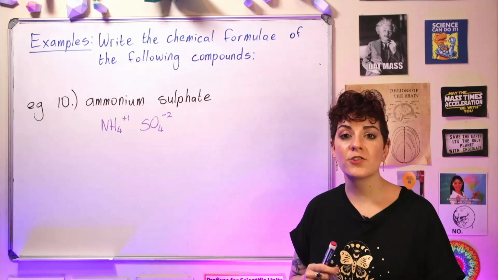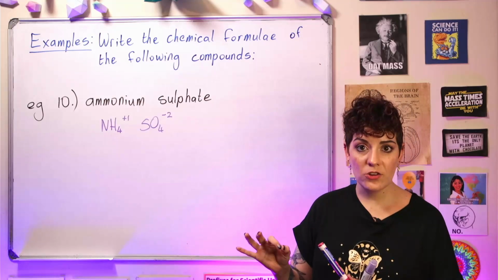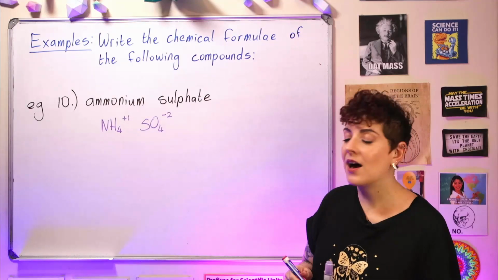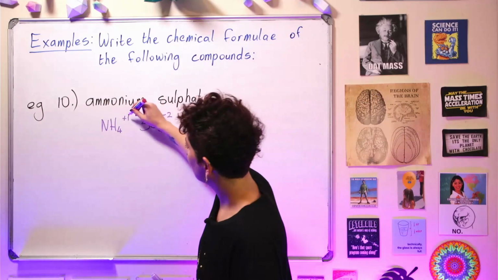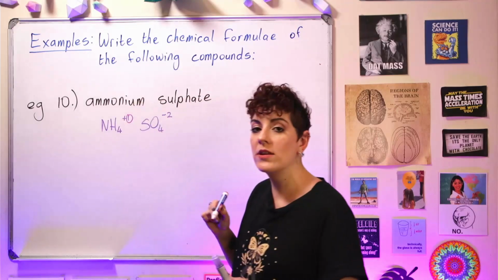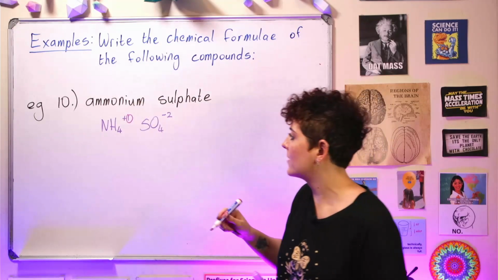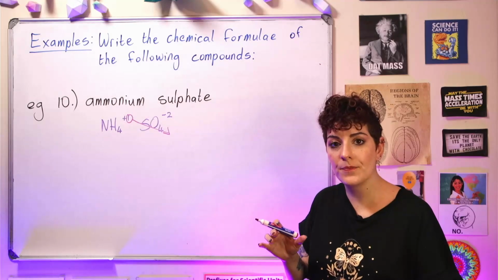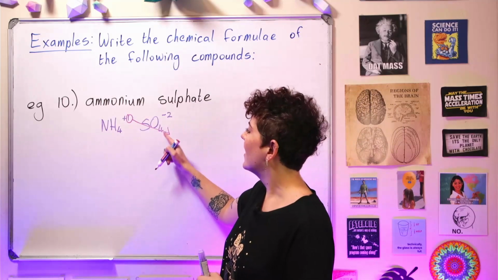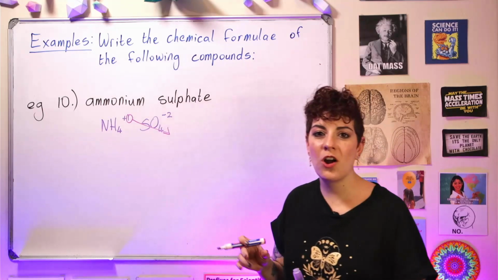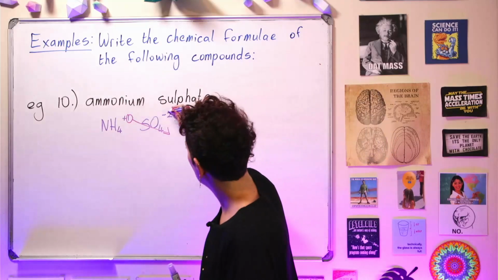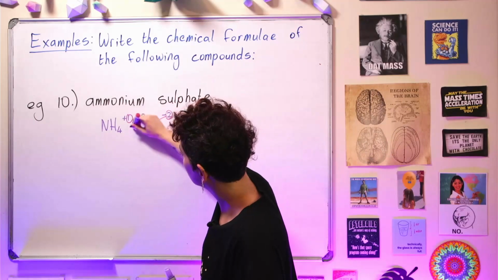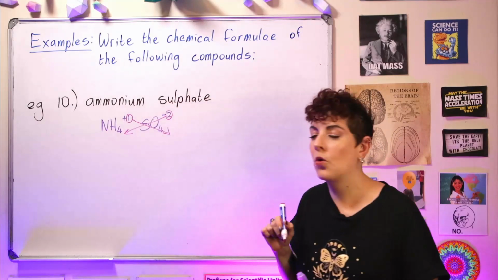Next, we're going to cross over the numbers in the charges to the opposite ion's corner. So we'll take the 1 in the ammonium ion's charge of +1 and we'll cross it over to the sulfate corner. We'll take the 2 in the sulfate ion's charge of -2 and we'll take that 2 and cross it over to the opposite corner.